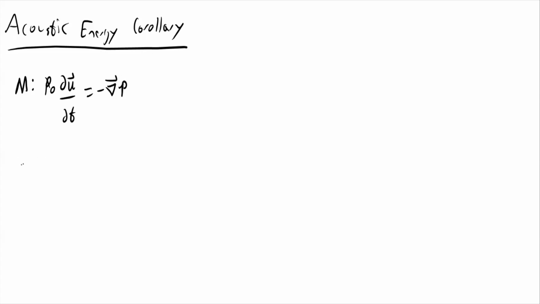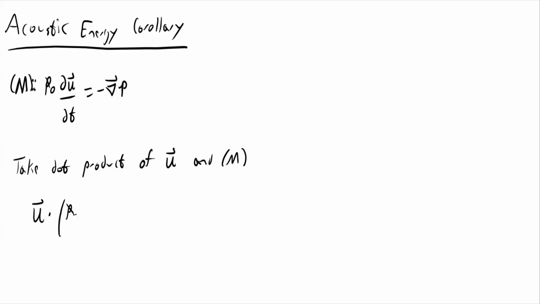So the first thing we're going to do is take the dot product of particle velocity u and the momentum equation. So we're going to take the dot product of u and M, just like that.